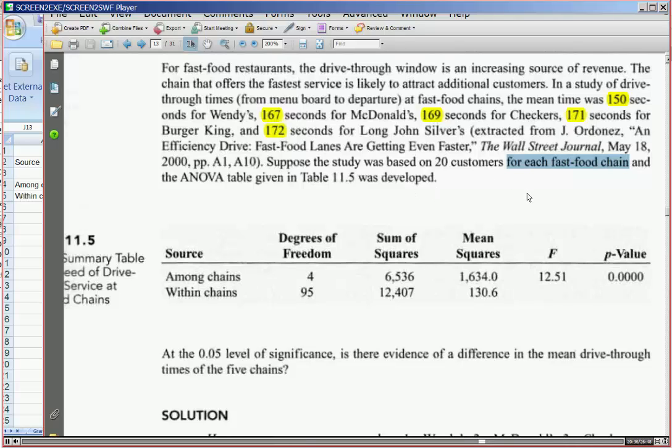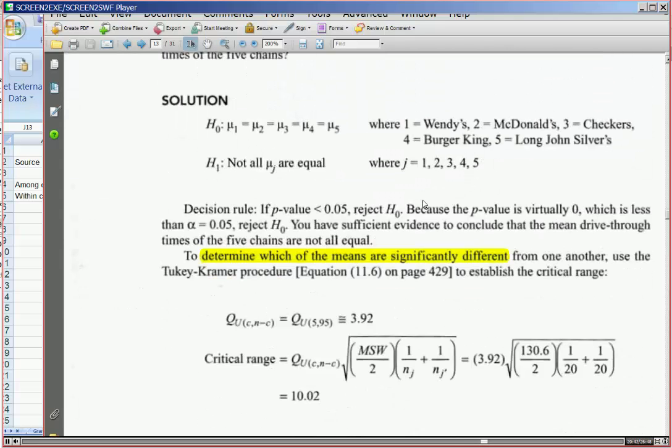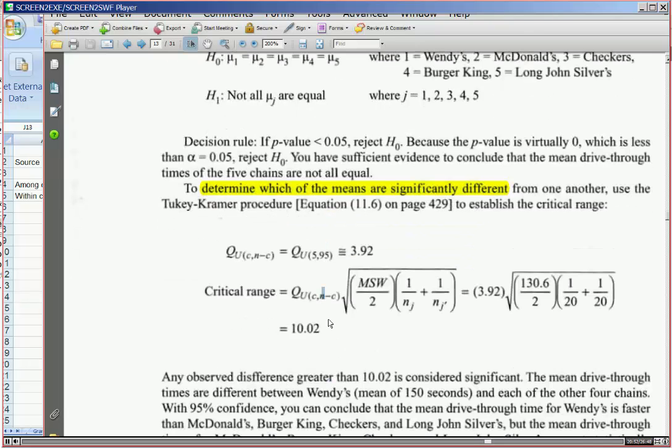20 customers for 5 chains. That will give us 100 for the N. This N is 100 because we have 5 chains from which 20 customers were sampled.